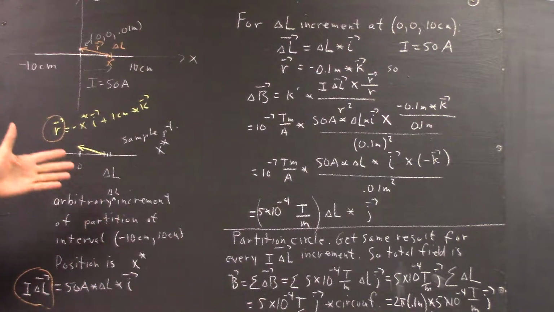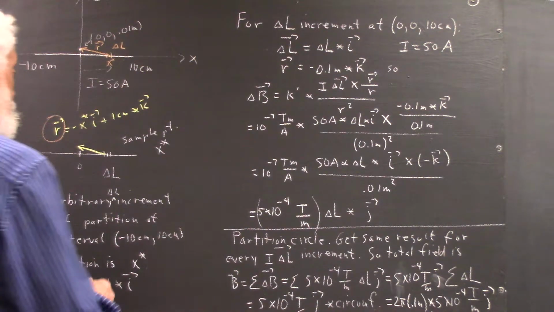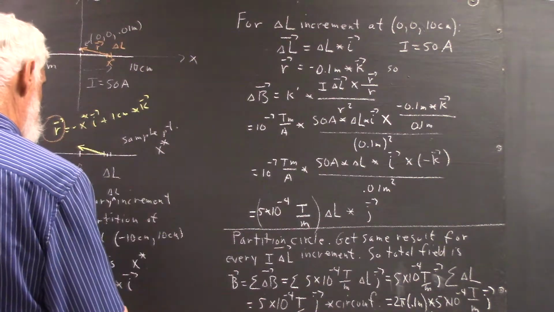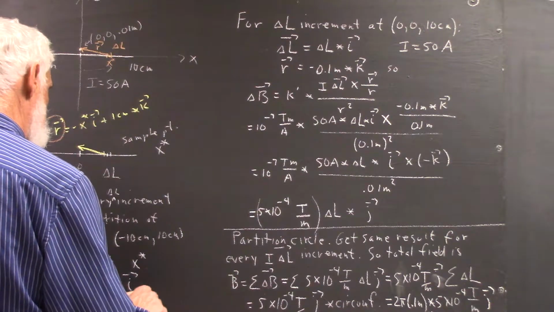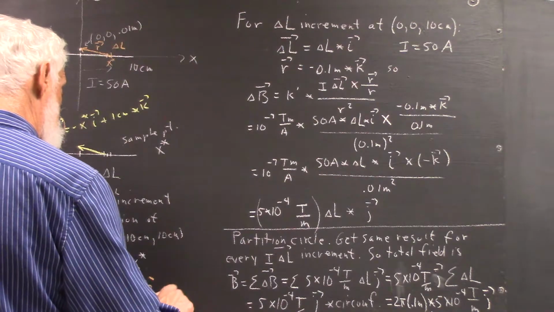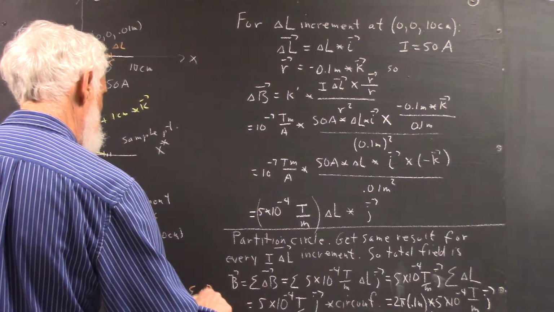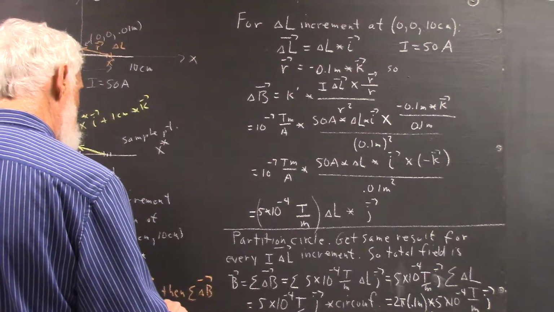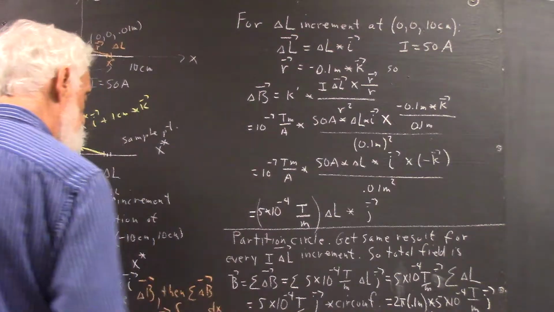Then we're going to use that. We're going to sum that up and get an integral. Okay? So we need to write the expression for delta B. Then for the sum of all our delta B's, which will approach some integral with respect to x.